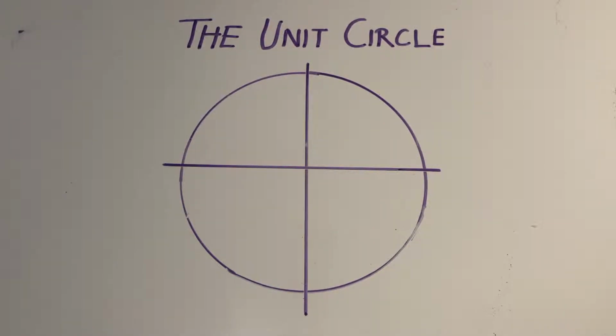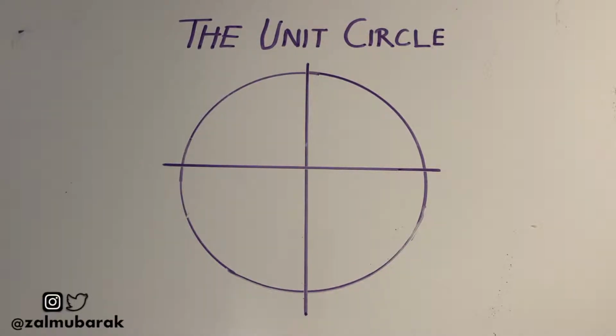In this video we're going to talk about the unit circle, and we're going to figure out an easy method to memorize the unit circle. As you may know, you can divide the unit circle into 12 sections, or you can divide it into 9 sections.